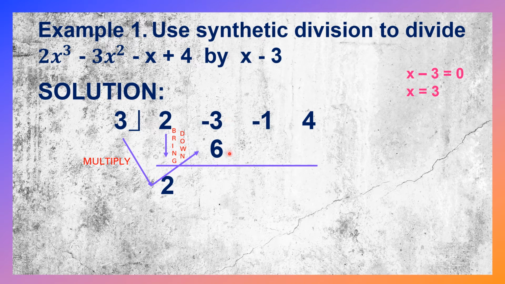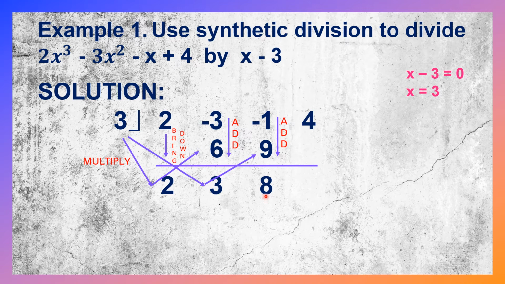Then next is add negative 3 plus 6 is equal to positive 3. Then again, multiply the divisor and 3. So 3 times 3 is equal to 9. Then add negative 1 plus 9 is positive 8.